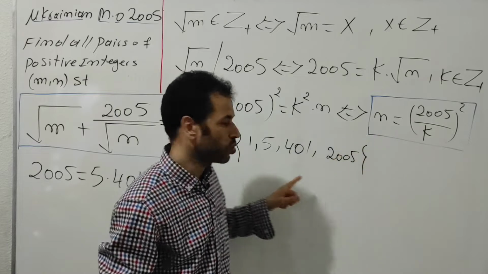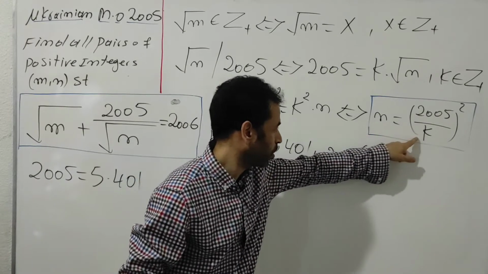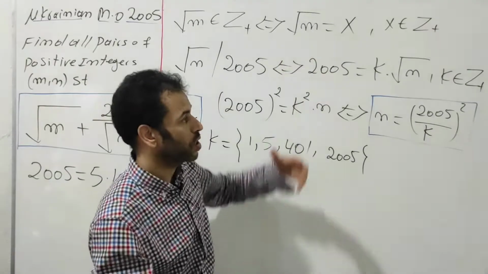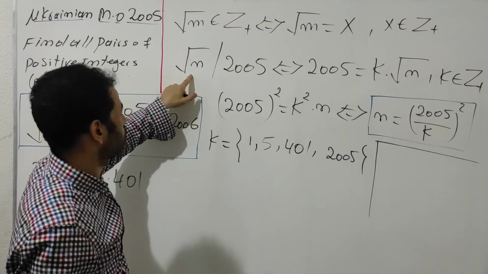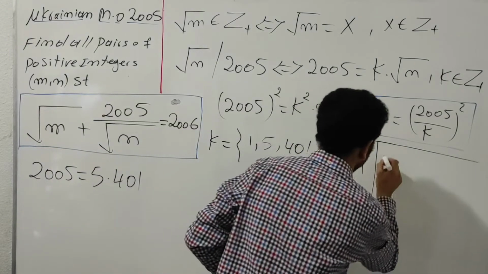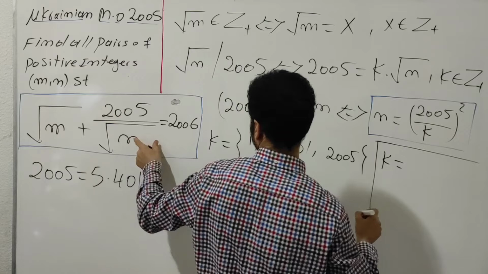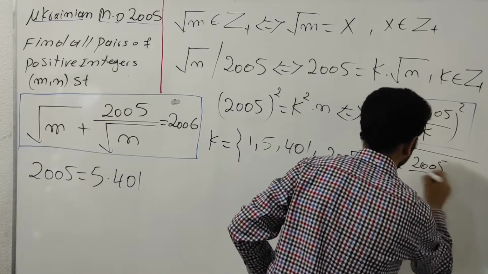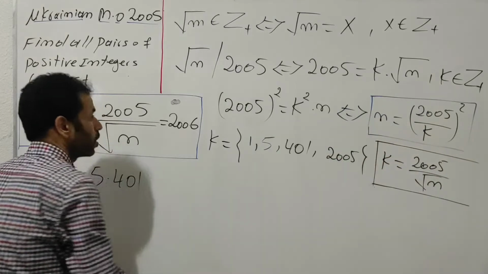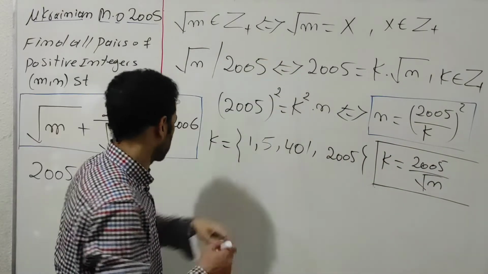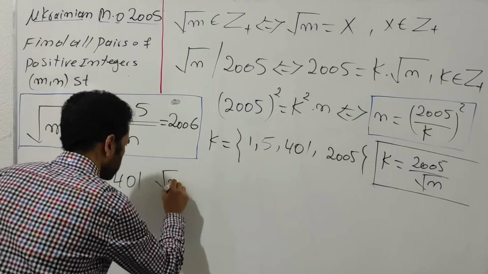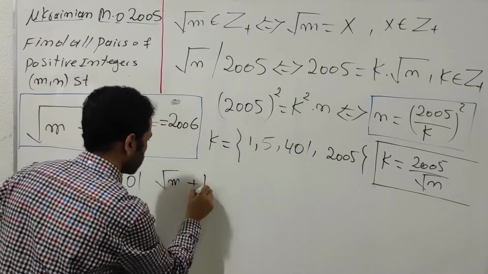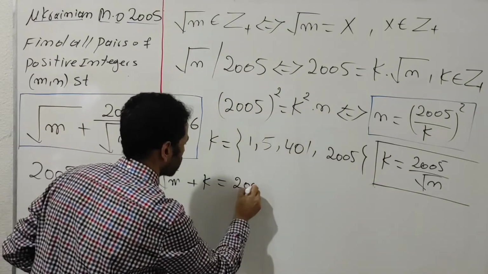In order to find n, I'm going to plug all these values of k into n, and to find m, because they are related. We have square root of n divides 2005, so that means k equals the quotient 2005 divided by square root of n. Now I'm going back to the original equation, so I will have square root of m plus this k equals 2006.